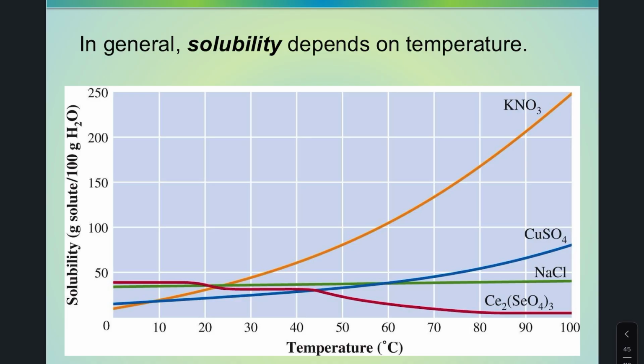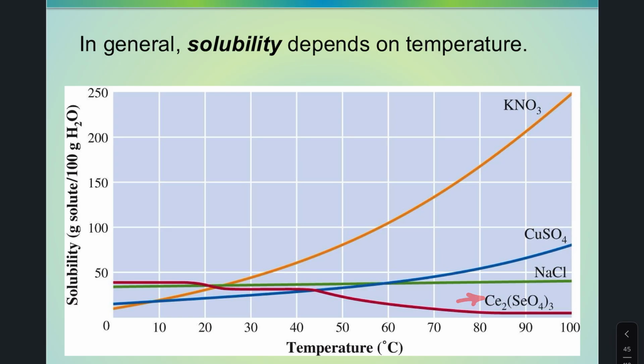So generally, when we're thinking about solubility, solubility is going to depend on temperature. In general, as you go up in temperature to, let's say, 90 degrees or so, you end up getting more and more soluble. Now, this isn't always the case, as you can see for cerium selenate right here.